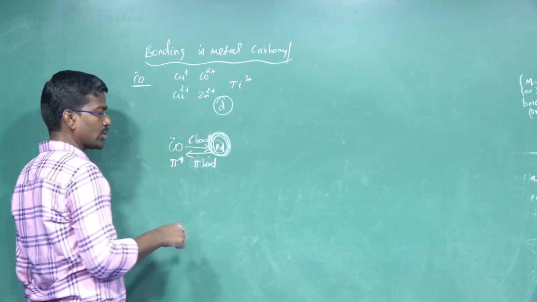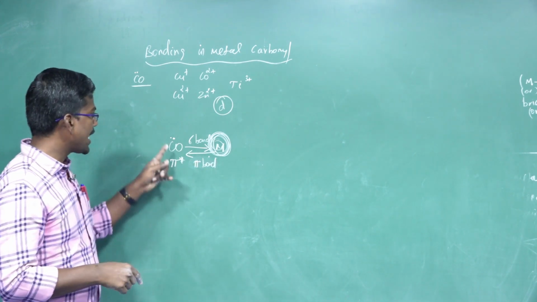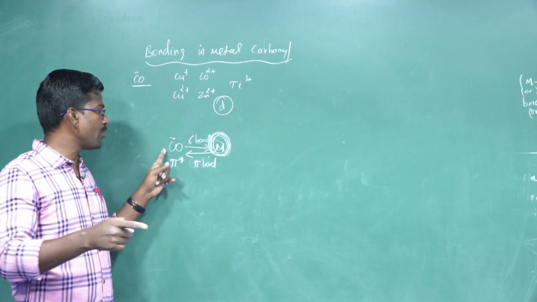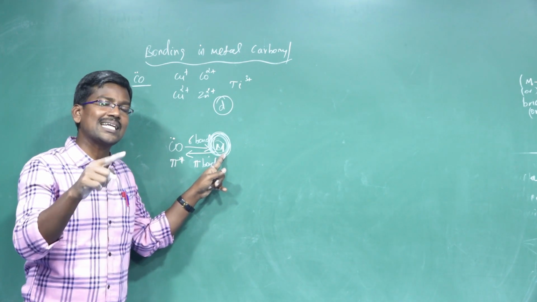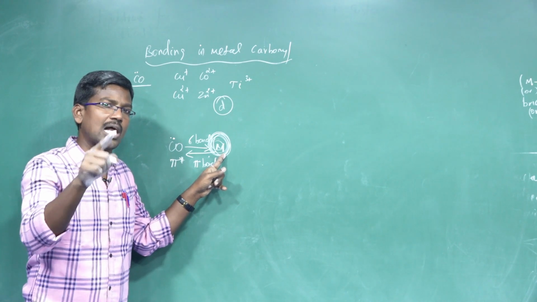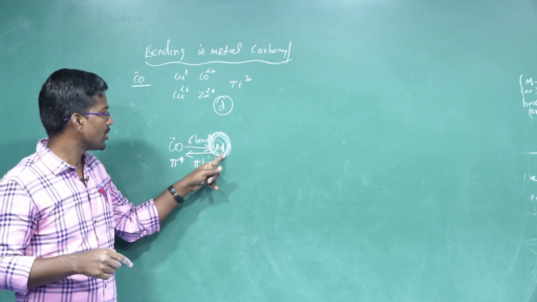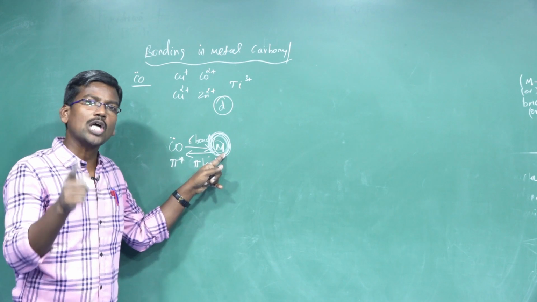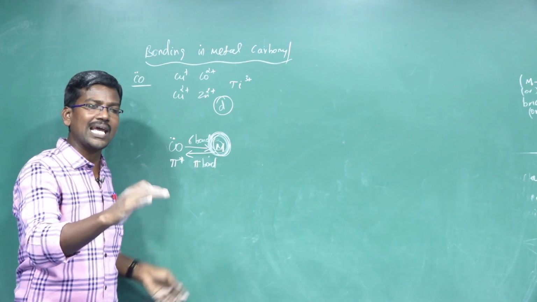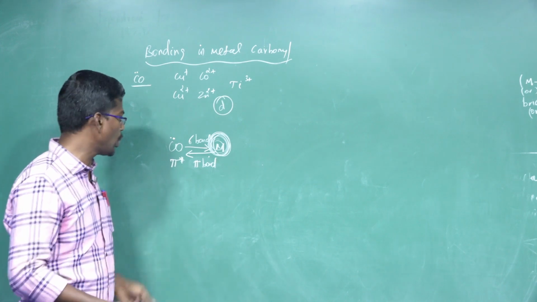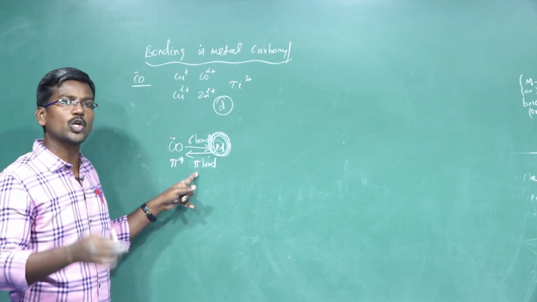It is the second component. In the first component, the electron pair transfers from carbon monoxide to the metal. That's why electron density increases around the central metal atom. Next, in order to compensate the electron density in the central metal atom, electrons are again donated to the antibonding pi star orbital to form a pi bond.